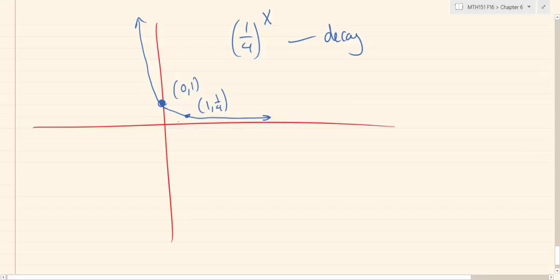I don't know. And so what you did is instead of picking positive 1, you picked negative 1. And that would make this 1/4 to the negative first power, which is 4/1 to the first. And so you would plot this point, and it would be (-1, 4), right? This was a strategy that we used when we were graphing exponents.